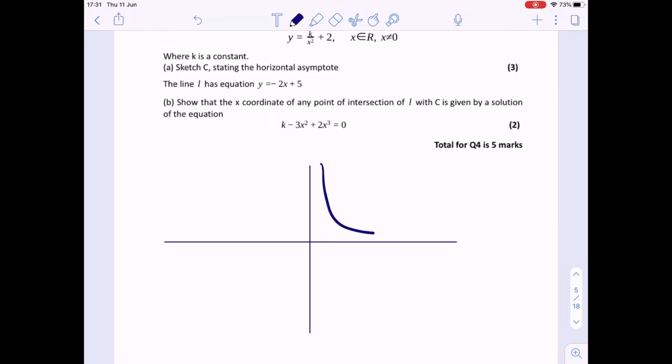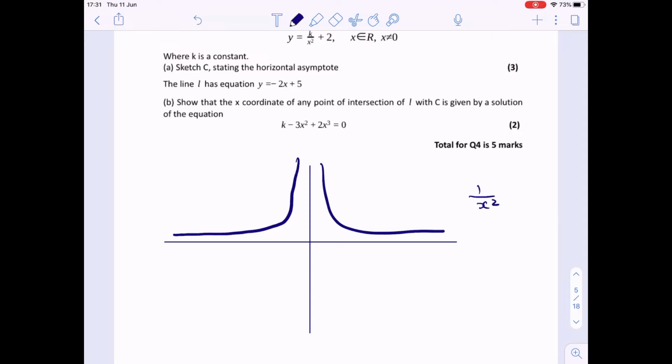Now I know that 1 over x looks something like this. So what's going to happen if I make this 1 over x squared? Well, all of the negative values are going to be made positive. Okay, so it's not going to lose its shape. It might get stretched a little bit, but it's going to hold that shape.